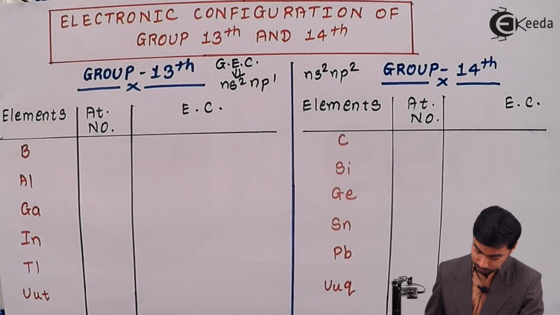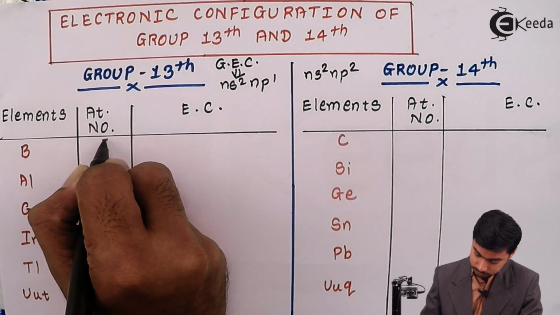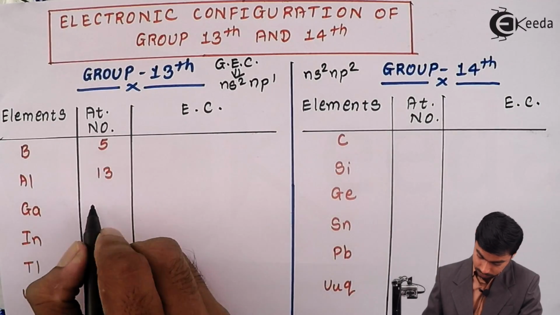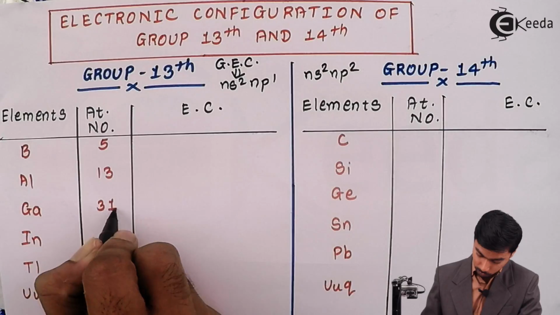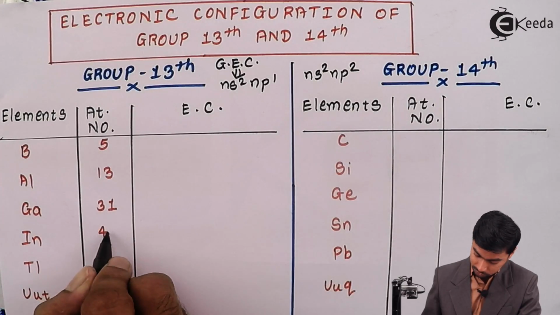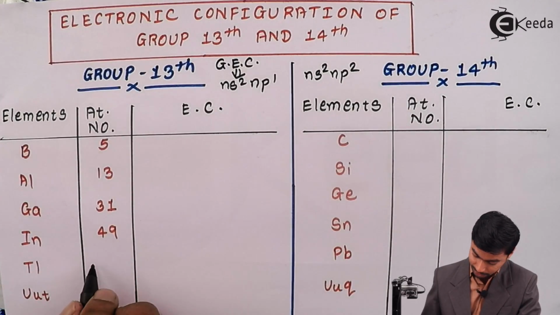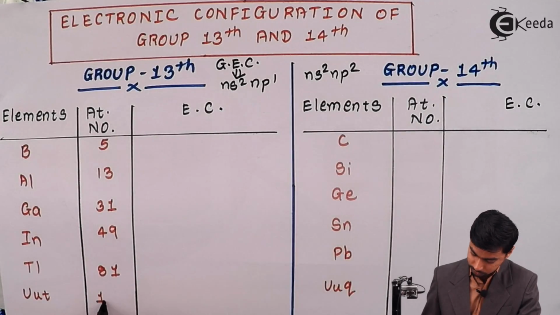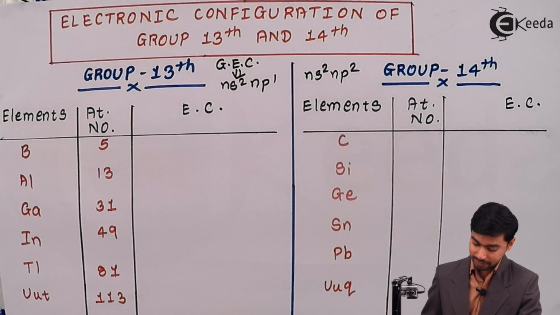The boron has an atomic number 5, aluminium 13, gallium 31, indium 49, thallium 81, and ununtrium it's nothing but 113. Like that.